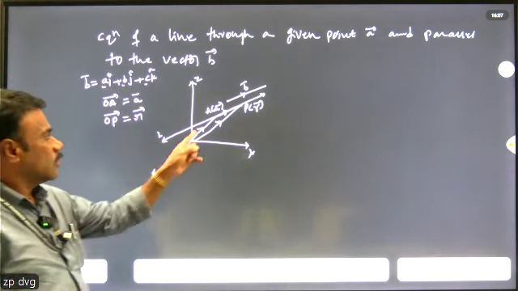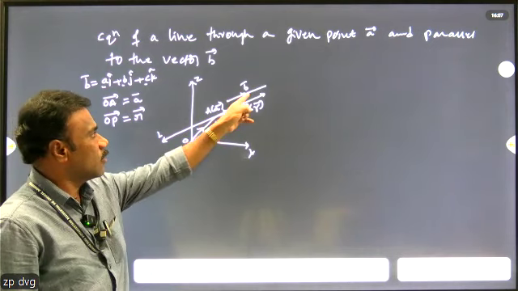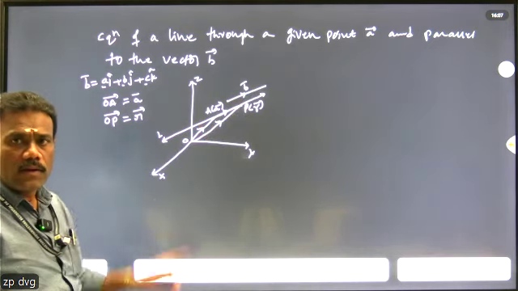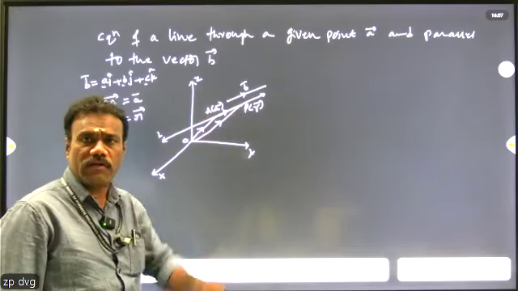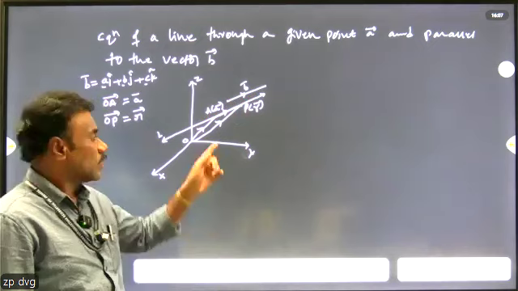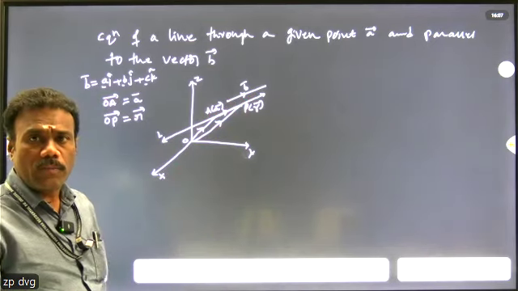Let us see, this AP bar is parallel to what? B bar. AP bar is a vector and B bar is a vector, so AP bar is parallel to B bar.